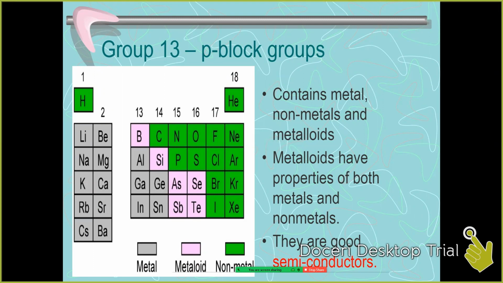Group 13 in particular contains some metals, some nonmetals, and some metalloids. And the metalloids, like we talked about earlier, are on that stair step. And they are going to have properties of both metals and non-metals. So they're semi-good conductors, not quite as good conductors as the transition metals.